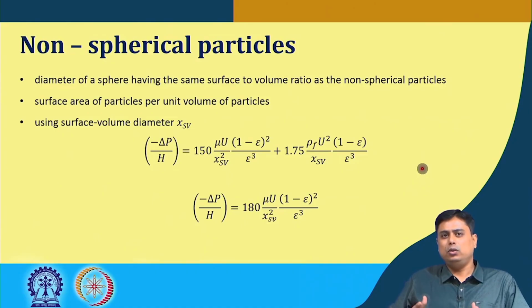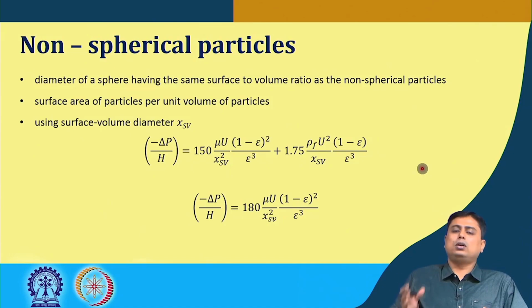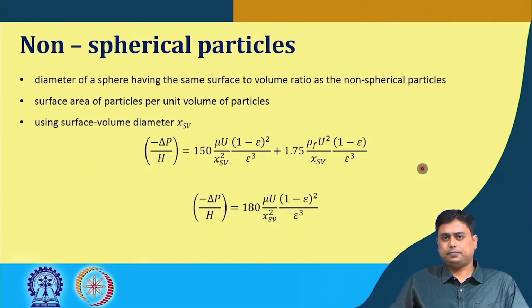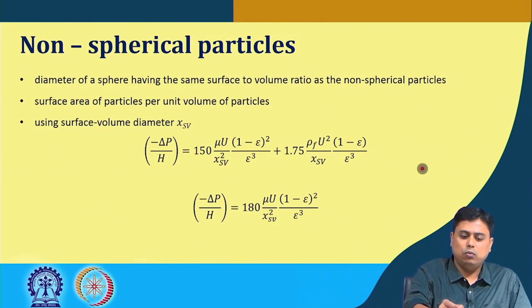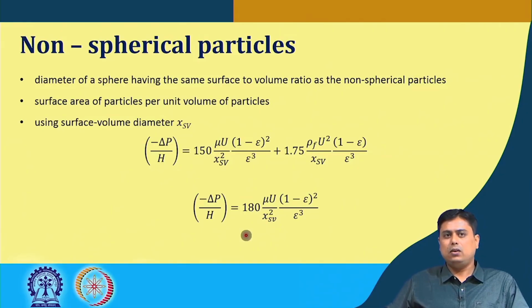How do you calculate that? You basically equate the surface to volume ratio of that irregular shaped body with that of a spherical object, and you find out its diameter and use that diameter in this expression. So, the generic expression for the Ergun equation as well as the Kozeny-Carman equation becomes this with the XSV term. This is the only change that has happened here, that is the equivalent surface volume diameter.